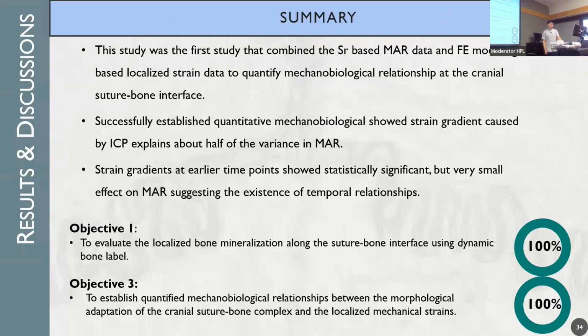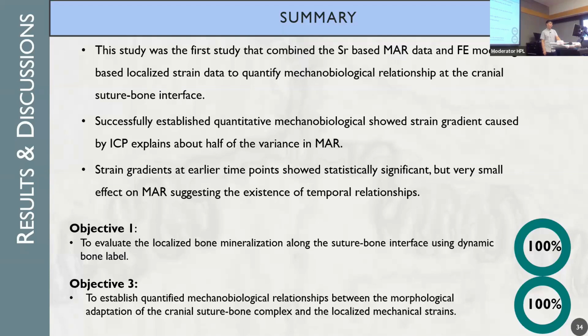In summary, this was the first study that combined strontium-based mineral deposition rate and modeling to quantify the mechanobiological relationship in cranial sutures caused by intracranial pressure. We were able to establish that relationship, and it showed that the intracranial pressure caused strain gradient was the main predictor of the mineral adaptation rate.